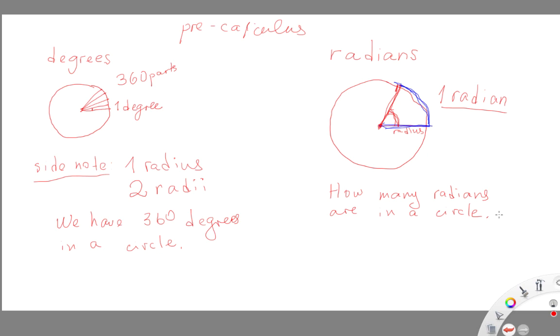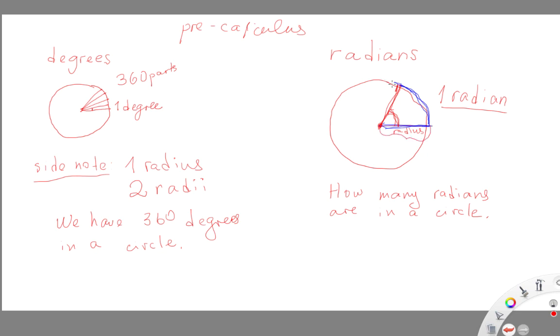In the next activity, in your notes, you have to take a piece of thread, okay? And you're gonna stretch it. This is the blue part. I'm gonna give you some thread, or you're gonna take a piece of cotton thread, and you're gonna stretch it out, and you're gonna cut the length of the radius.